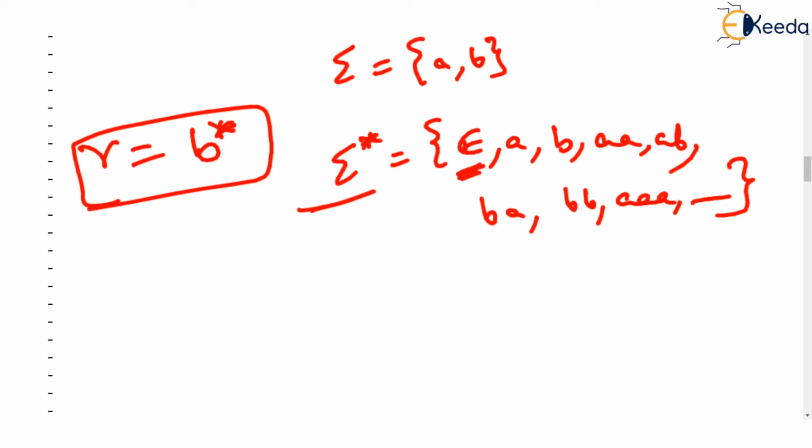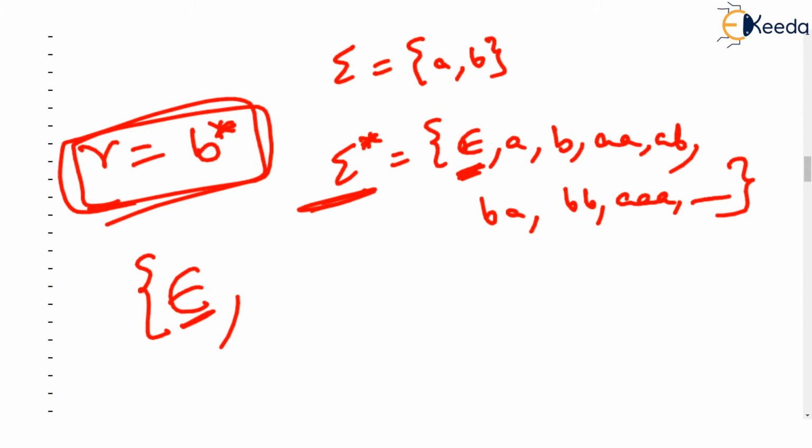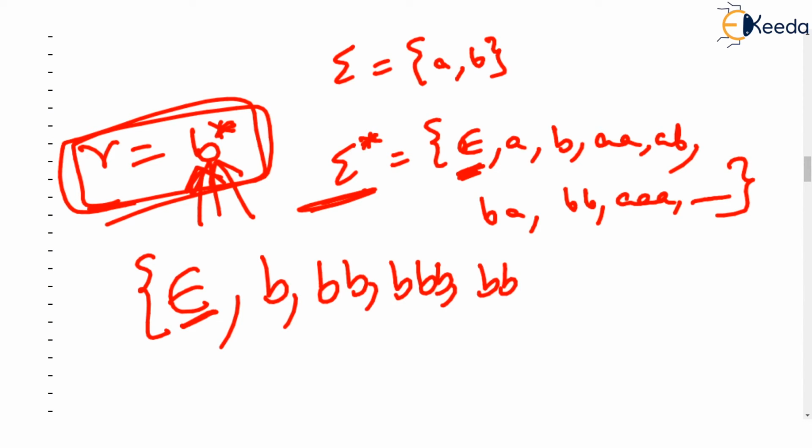Which strings out of this will be accepted by this? Come on, you know the answer. The output will be epsilon, because epsilon has 0 B's. This B star means 0 or more B's. B will be accepted, BB, triple B, 4 times B, and so on. But the string can't contain A. The string should contain only 0 or more B's.